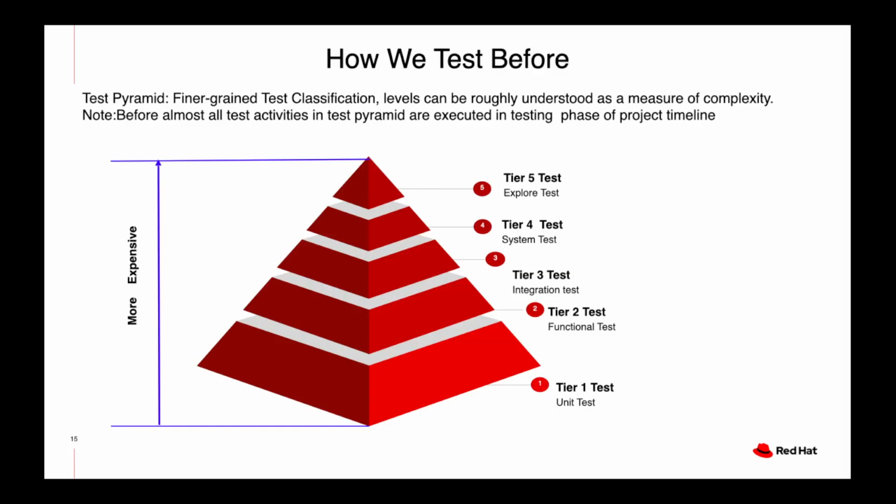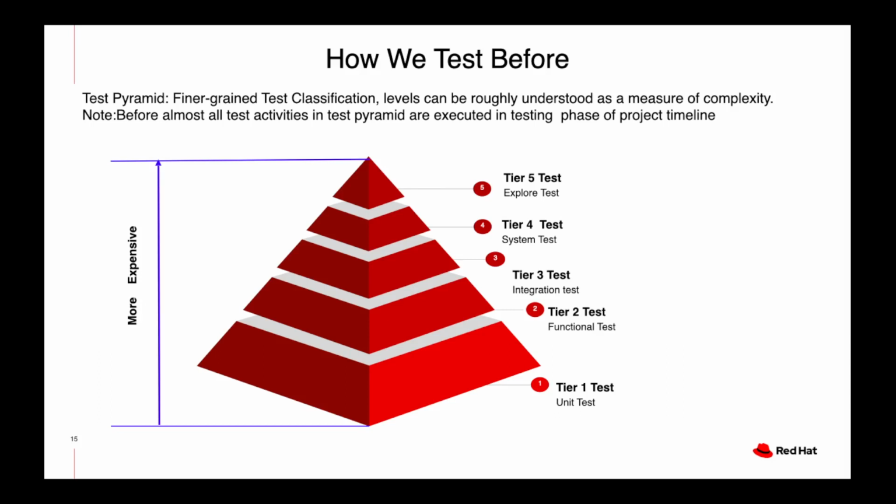So how did we do testing before? In Libvirt QE, we have an idea of a test pyramid. We categorize tests into different levels, like a pyramid, as shown in the diagram.